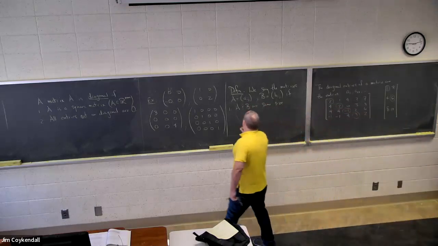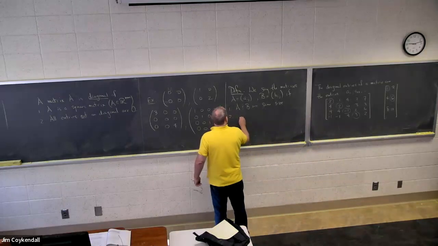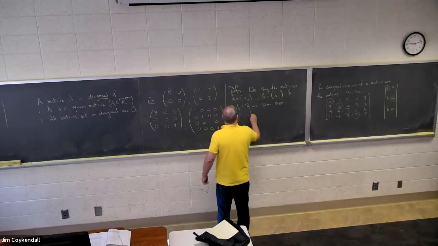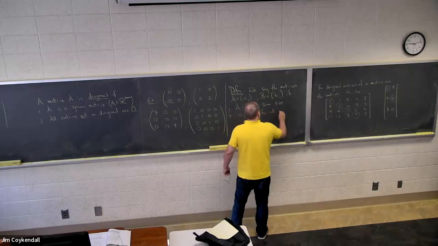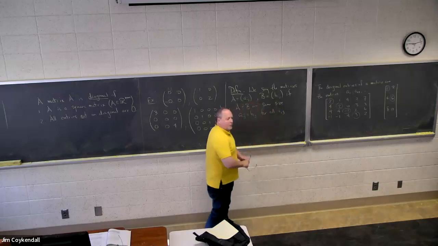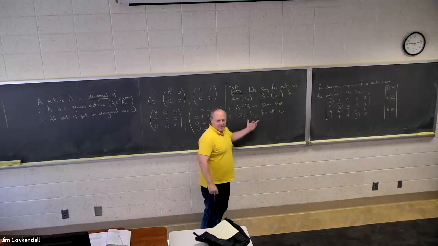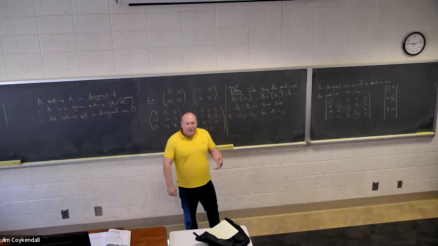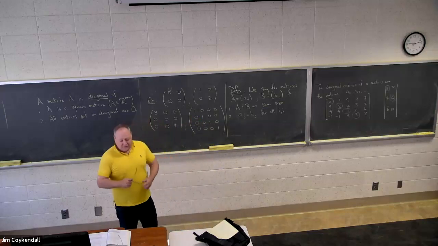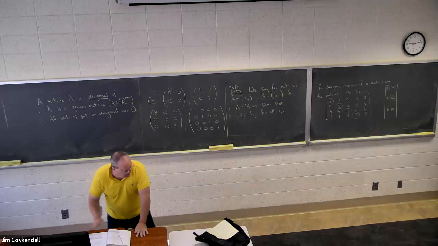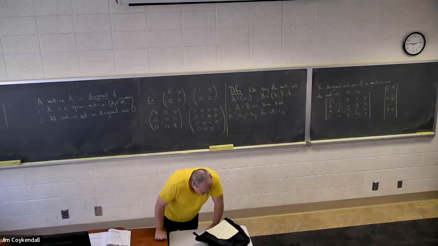And number two, Aij equals Bij. So in other words, if you compare the entries, you get the same thing. So two matrices are the same, I think it's exactly what you would hope it to be. We say they're the same if they're the same size and the entries are the same. Plain and simple. Okay.